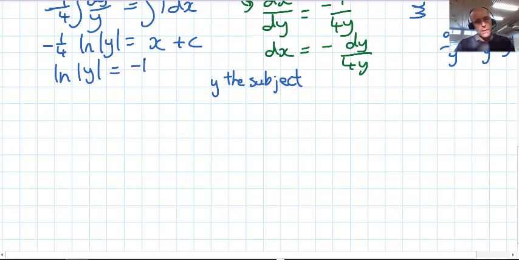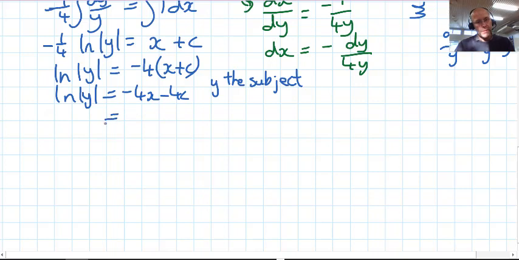So we've got negative 4 outside of x plus c on the right side, and we've got log y on the left side, and negative 4x take 4c, and now because negative 4c is just some constant anyway, use some reasonably smart choice of unused symbol. Capital B would be a good one. I don't think B will pop up again in this problem, so I'm going to use B.